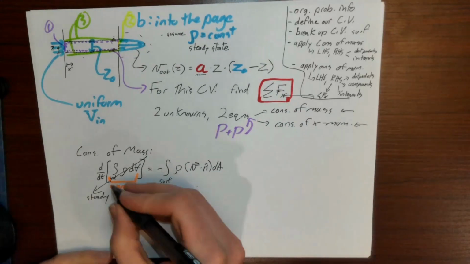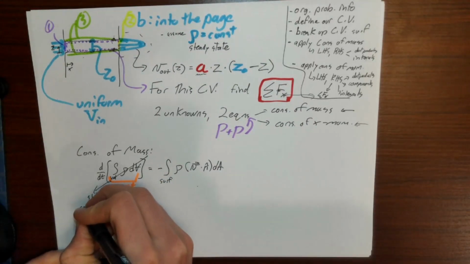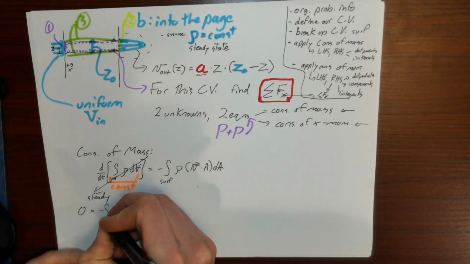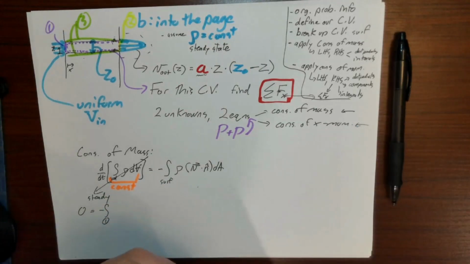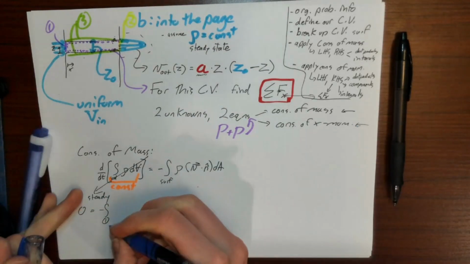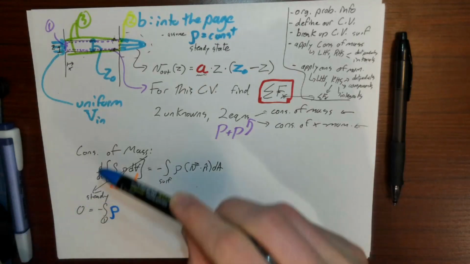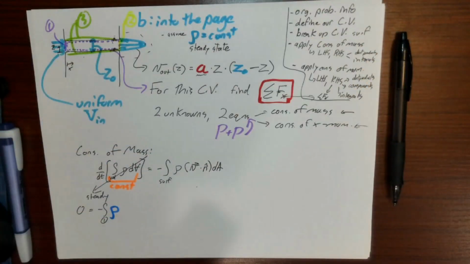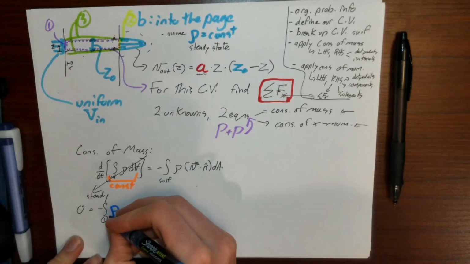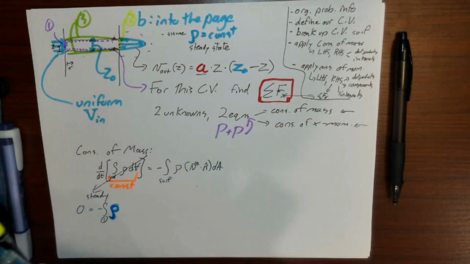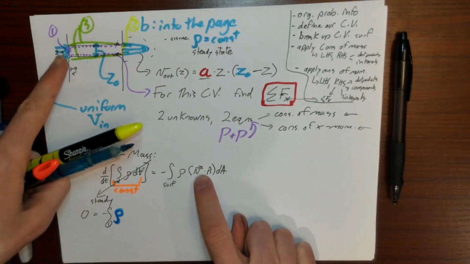So now the left-hand side is 0, and this is going to be equal to minus the integral over surface 1. Rho is of course a constant. Now let's think about v dot n for surface 1.